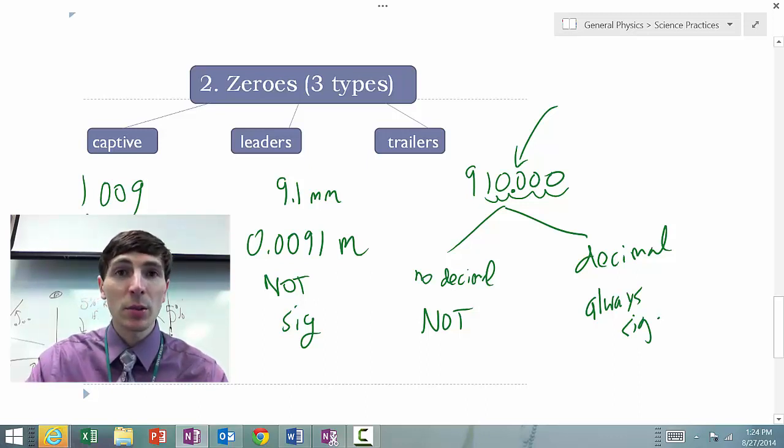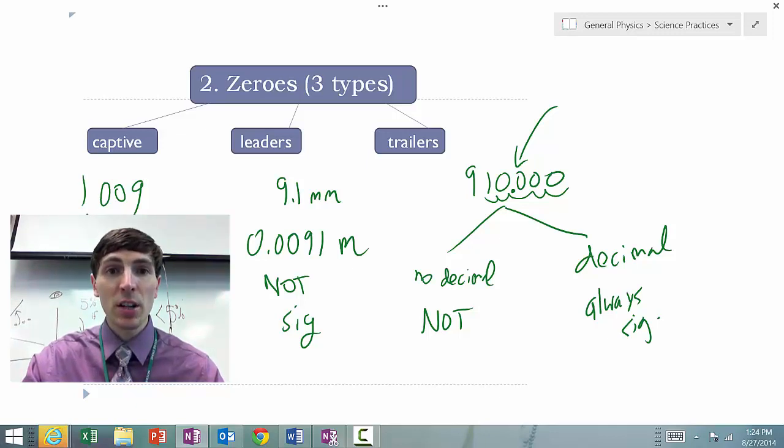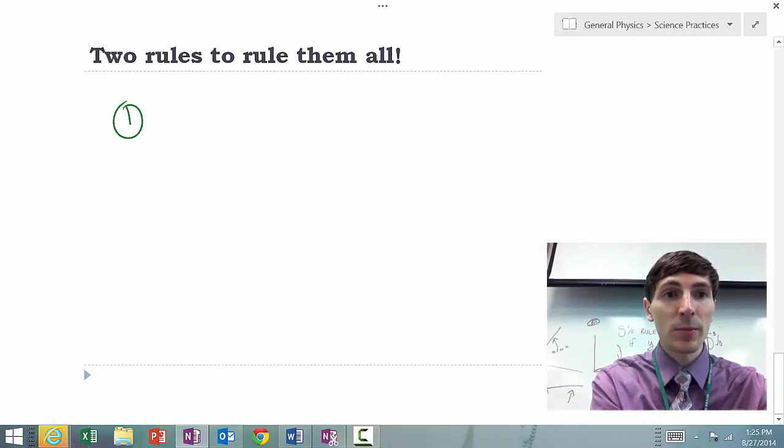Okay, I like to sum up these rules into just 2. So if you can memorize these, you'll know all the rules for counting sig figs. It takes all these and puts them into 2 rules to rule them all. The first rule is called the decimal rule.